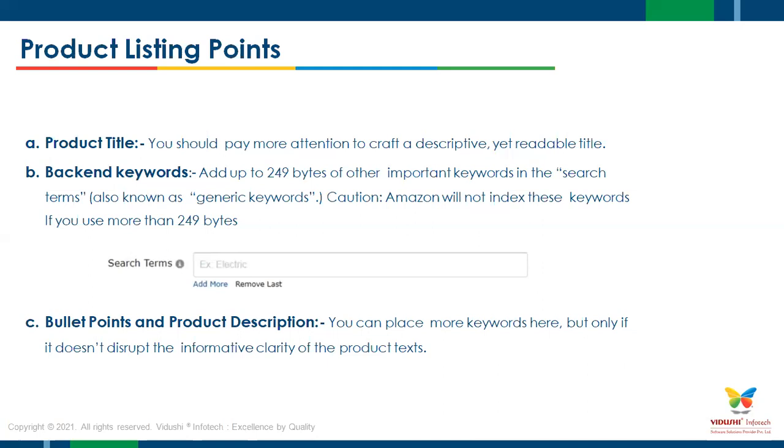It can have USPs of the product. It can have the features of that product. It can contain utility of that product. So we can add as much relatable information in these bullet points and product description.